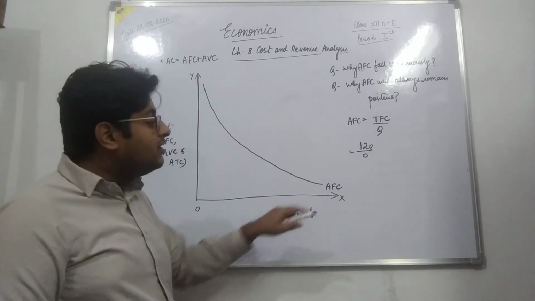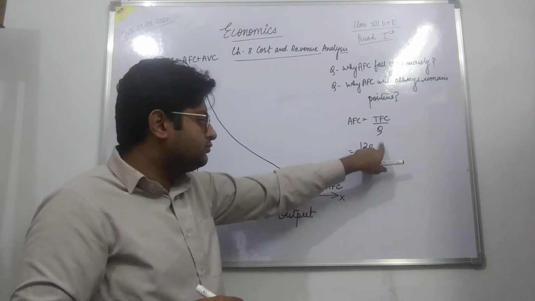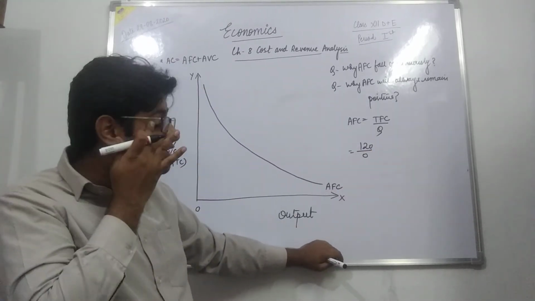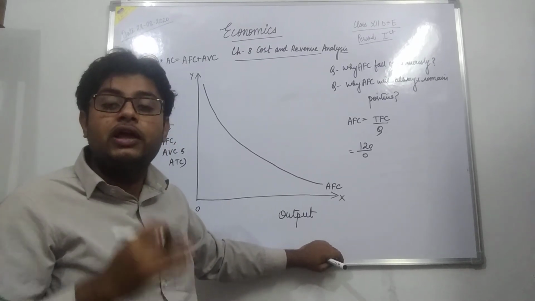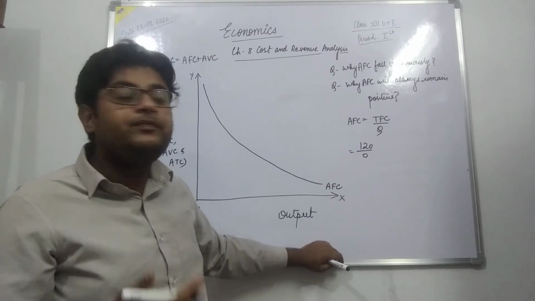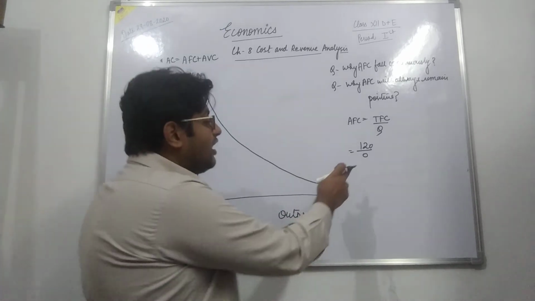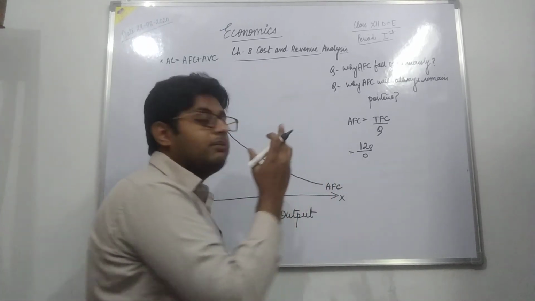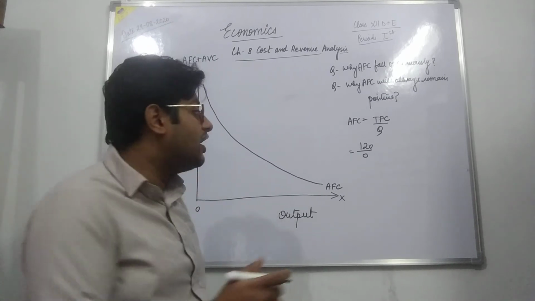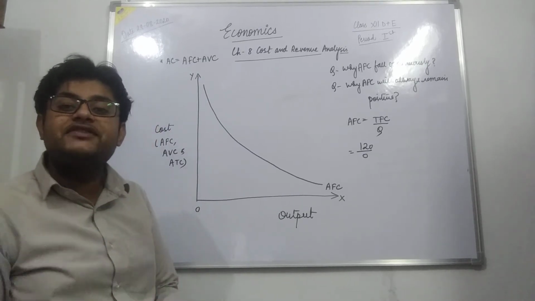I have told you that in the short run, the TFC cannot be 0, because even at the 0 level of output, the producer will not throw away the fixed factors. So even at the 0 level of output, my TFC will remain positive. That is why the average fixed cost will also remain positive.